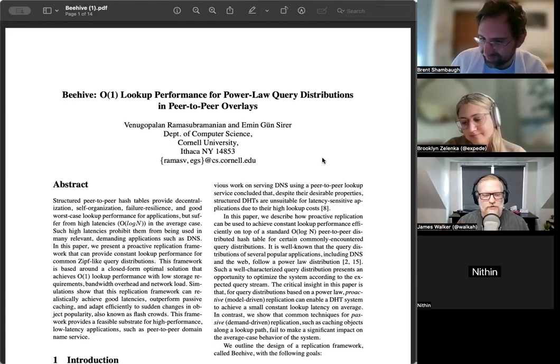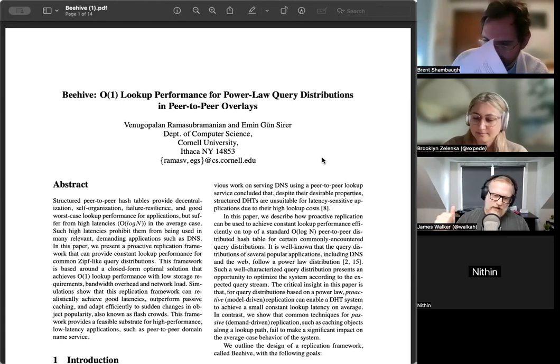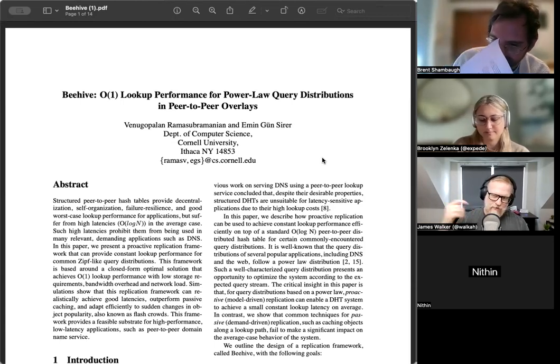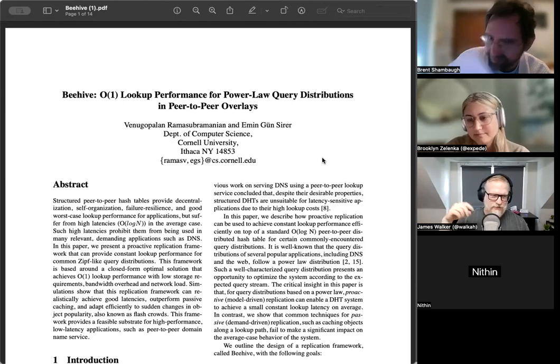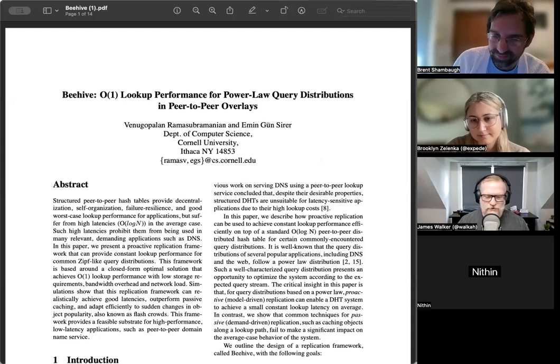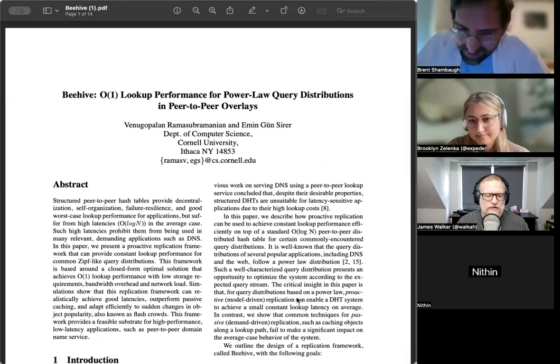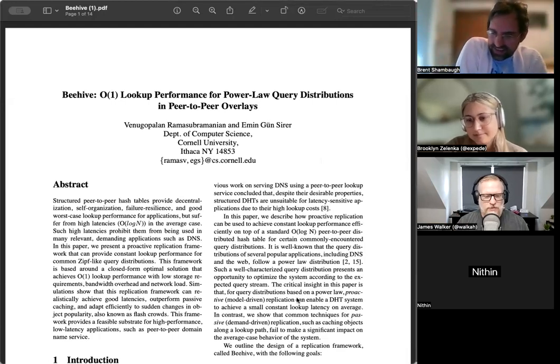For your home node content, you have to track how frequently your content's being queried, and then at a given interval you push the most common ones to your closest peers, and eventually that means that you end up with constant time lookup because the most commonly requested things are as close to the requester as possible.